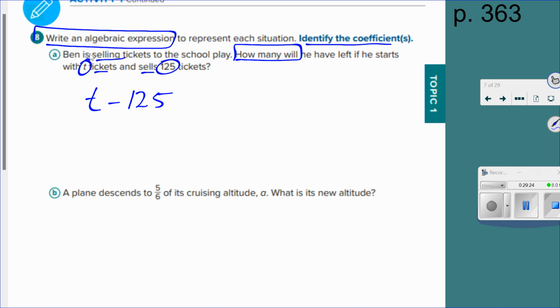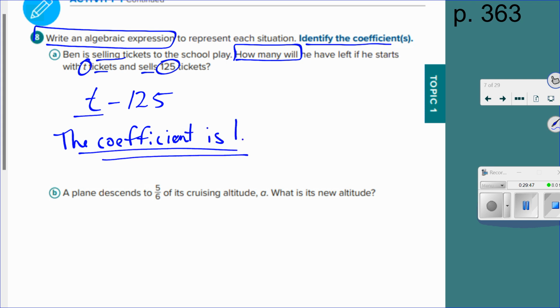What's T being multiplied by? 1. If I don't see it, it's 1. So the coefficient is 1. Remember, if I don't see a number with my variable, that means the coefficient is 1. It is always being multiplied by something. If I don't show it, it means it's a 1.